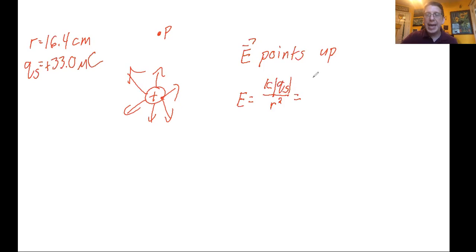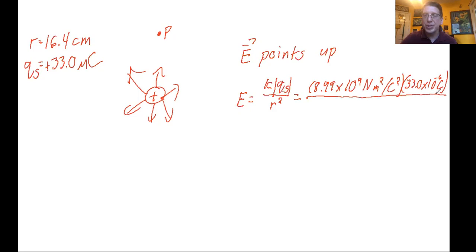So K to 3 significant figures is 8.99 times 10 to the 9 newton meters squared per coulomb squared. QS, the source charge, is 33.0, and that's times 10 to the negative 6. Again, you write everything in standard SI units, and your answer will be in standard SI units, which in this case is newtons per coulomb. And so R is 16.4 centimeters.